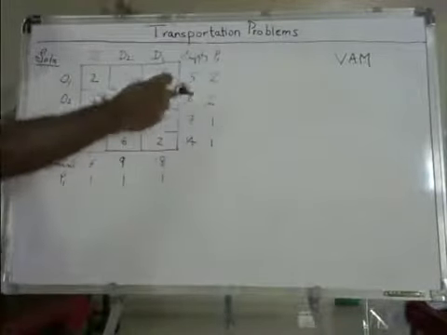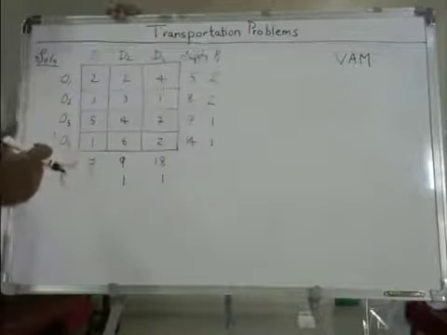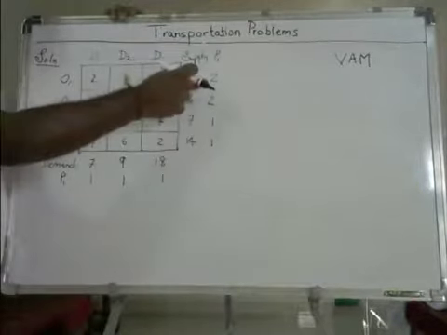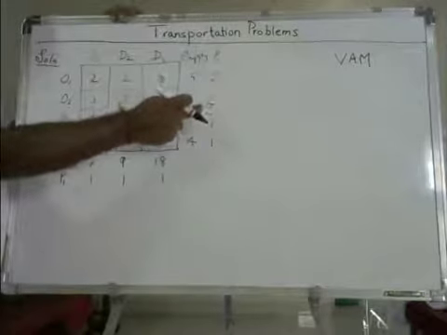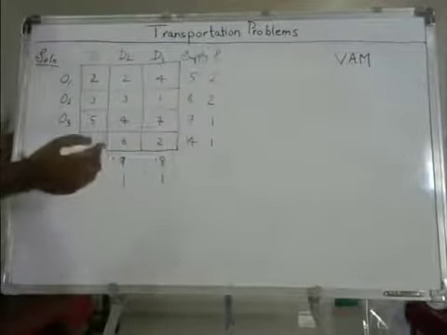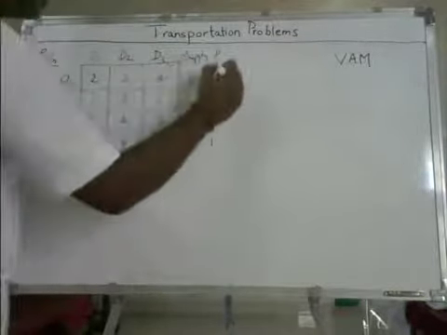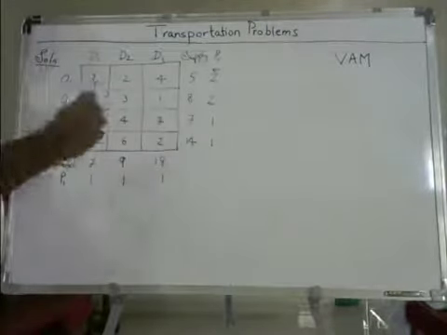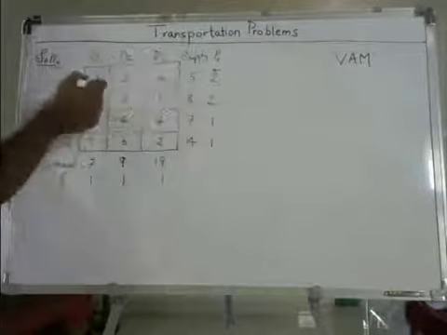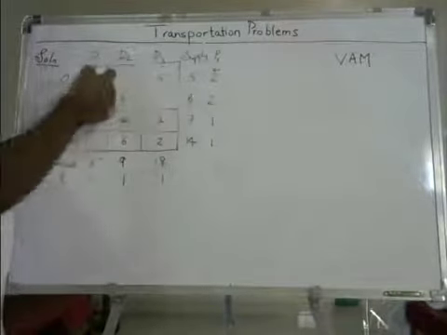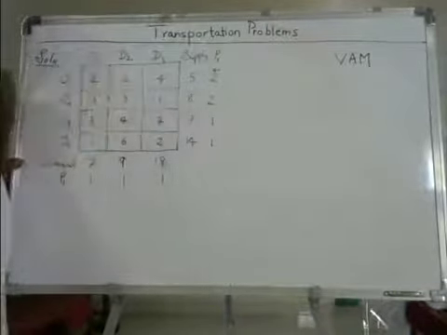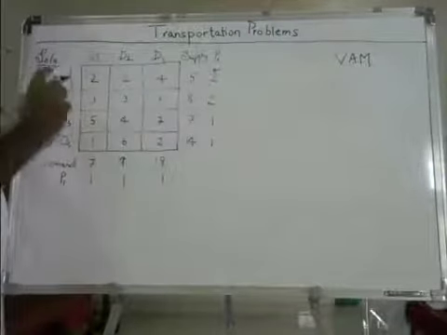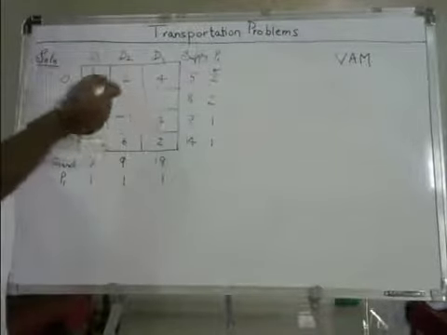Even if there are two different highest values, you can go for any one. You can either go with this or you can go with this. So in this problem, I want to go with this one. So I will put a small arrow here, that I am referring to this column. So in this particular row, which is the least value, I have to choose the least value and do the allocation there.